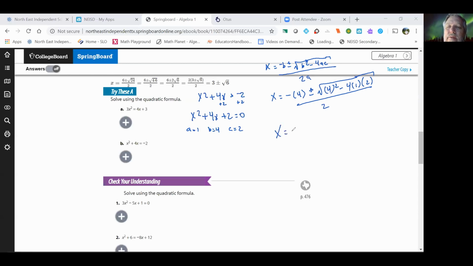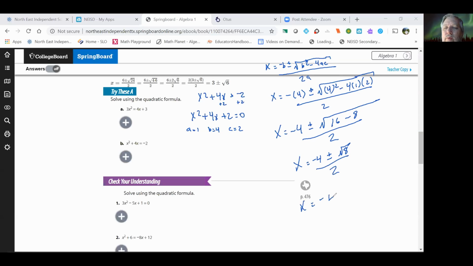So x is equal to negative 4 plus or minus the square root of 16, and that's only one minus sign here, so it's minus 8, over 2. So x is equal to negative 4 plus or minus 16 minus 8 is 8, the square root of 8.